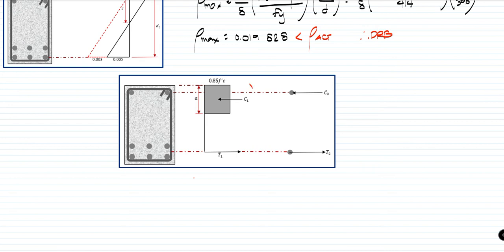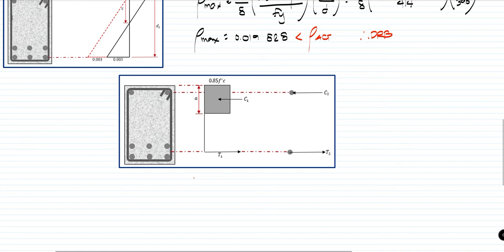We have the first stress diagram, from which the first nominal moment comes. And this one is the second stress diagram, from which the second nominal moment comes.